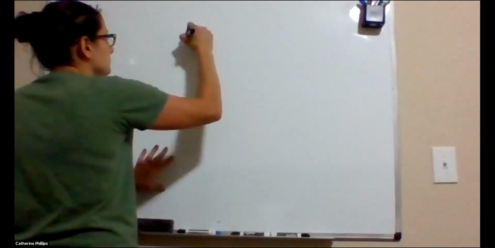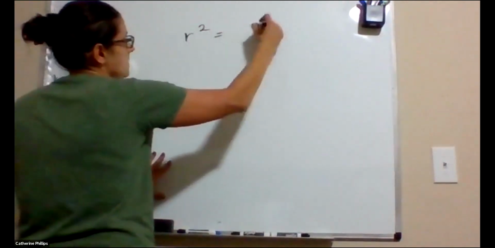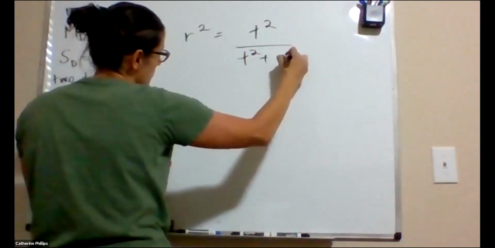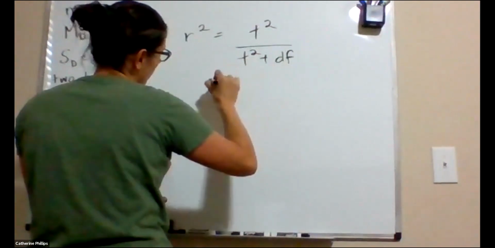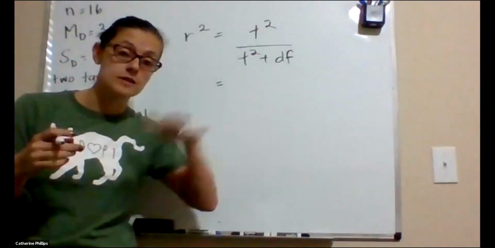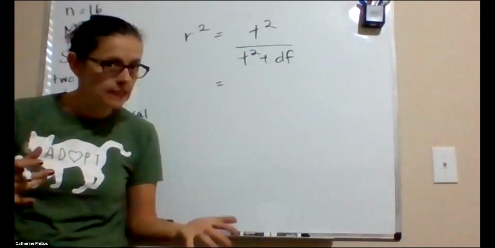R squared is t squared divided by t squared plus your degrees of freedom. R squared is going to be different for 17A versus 17B because our t changed.